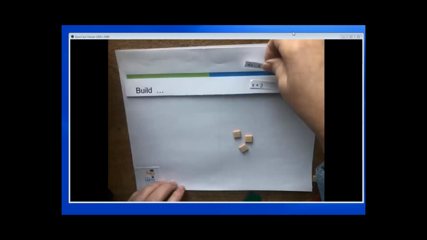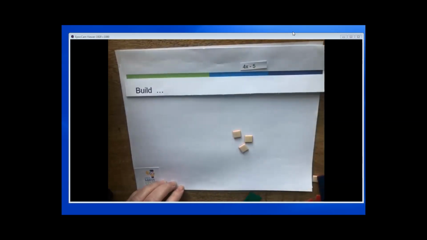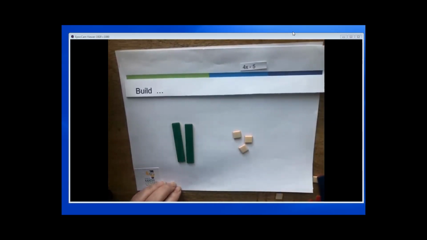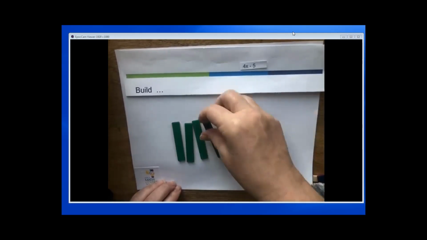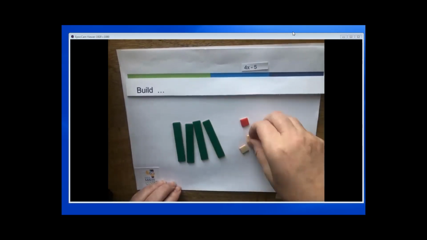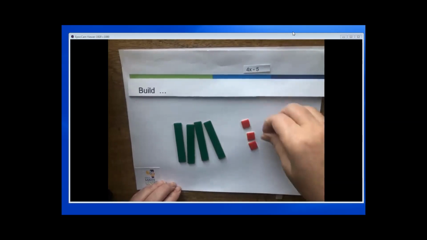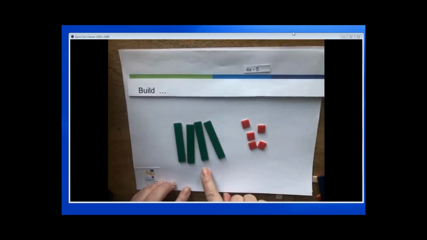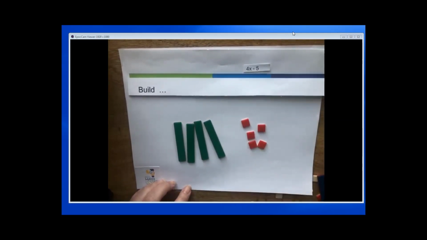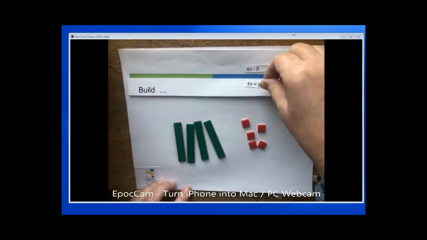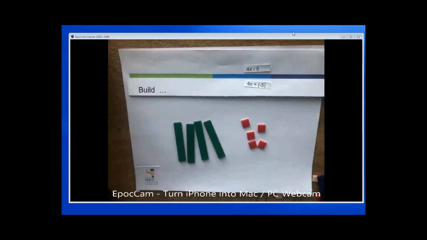Let's try this one. 4x and a negative 5 or minus 5. 4x minus 5.